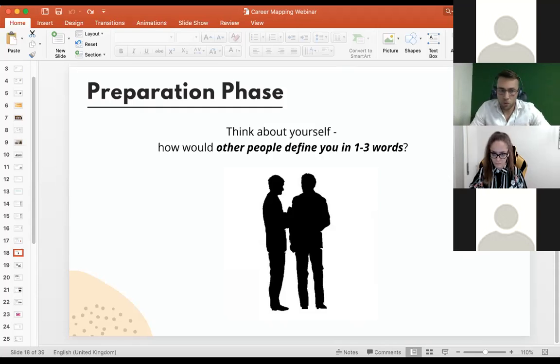It's very important to reflect on this. Are you reliable? Are you resilient? Are you creative? It could be anything, and it could be negative as well. And if it is negative, that's something that we need to address.